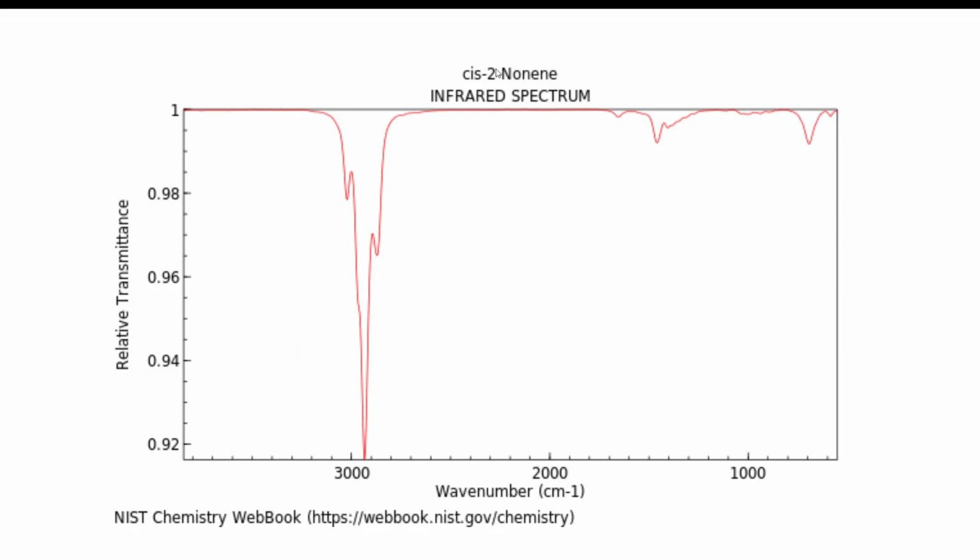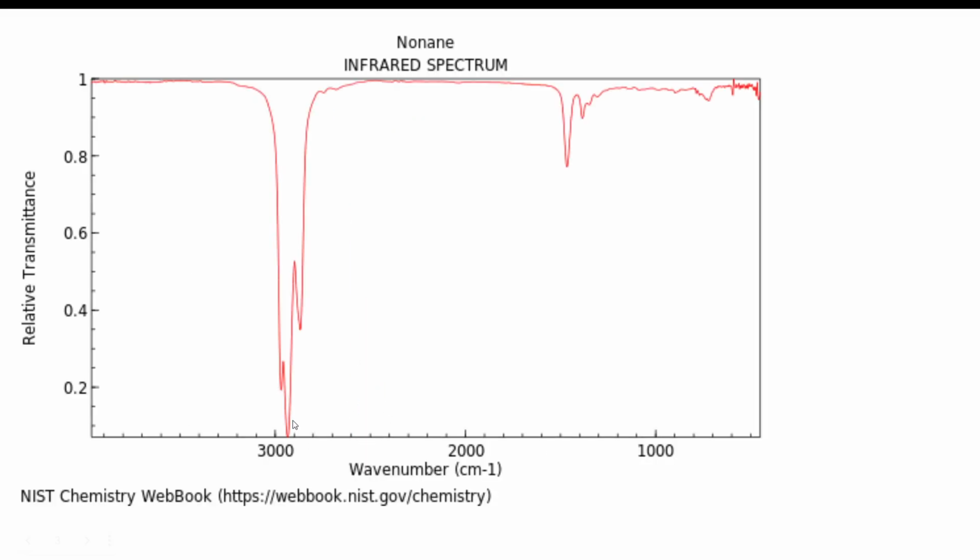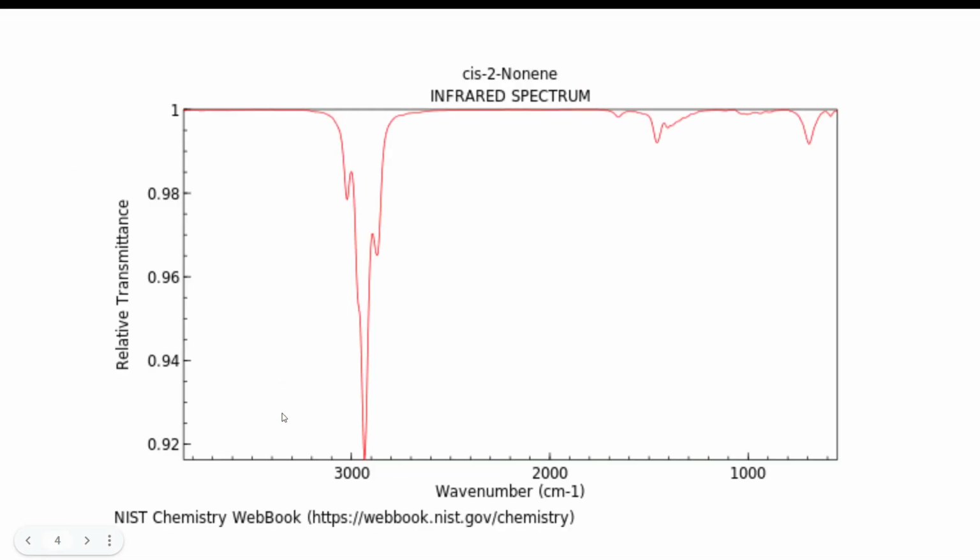Next is the same type of molecule. It again is a non-, so it has 9 carbons, but we have an -ene, which means that we have a double bond. And what we're going to notice is that there is a slight difference between these two. We still have this extremely deep line right here, but we should notice that we have this new little nub right here, as well as this new section right here where it kind of comes down.